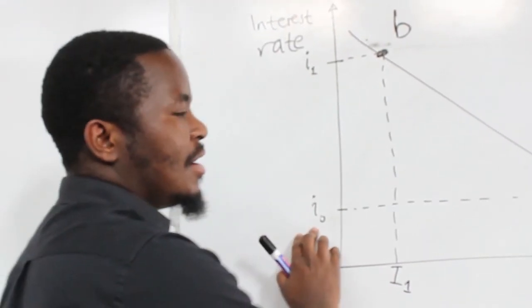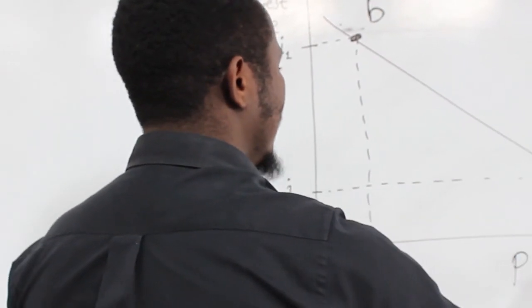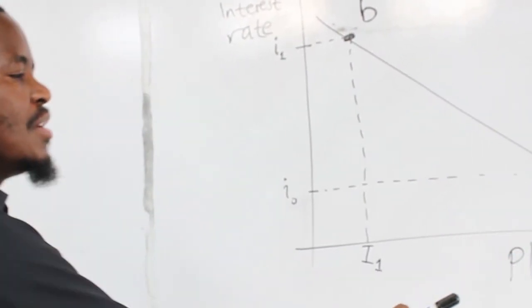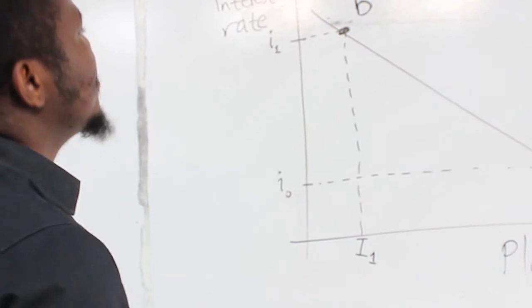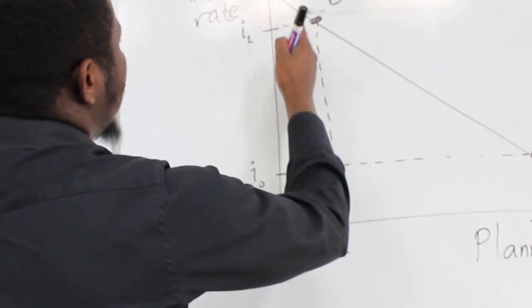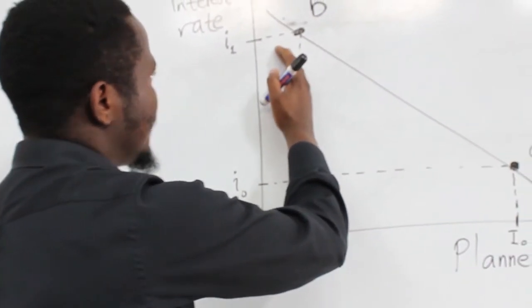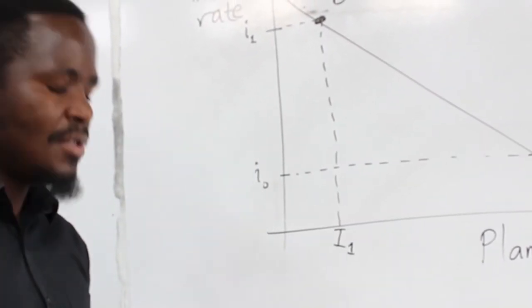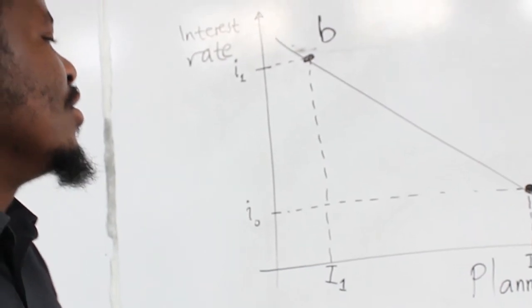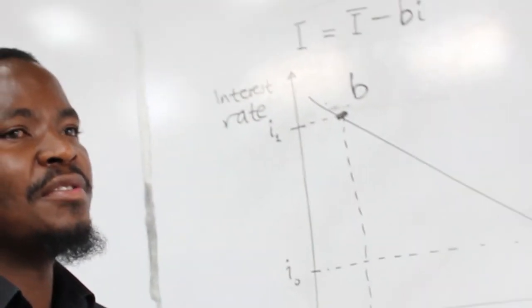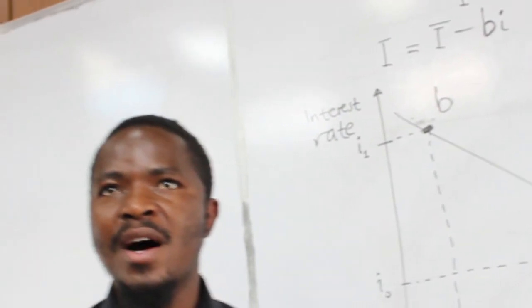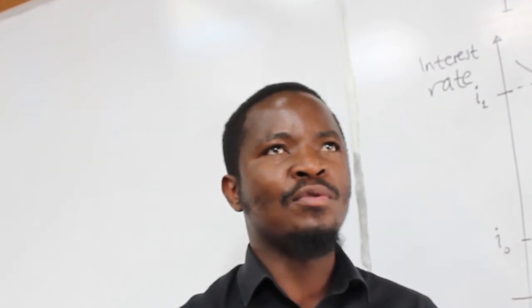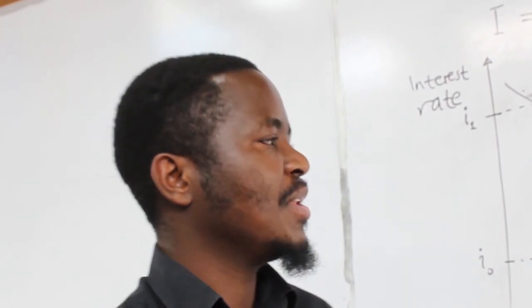At lower interest rates, we expect more investments because it is cheap to borrow and invest and make profits. Similarly, at a higher level of interest rate like I1, we expect that many people are discouraged. There will be disinvestment because it is very costly to borrow, and therefore it will be hard for firms to make profits out of the expensive borrowing.